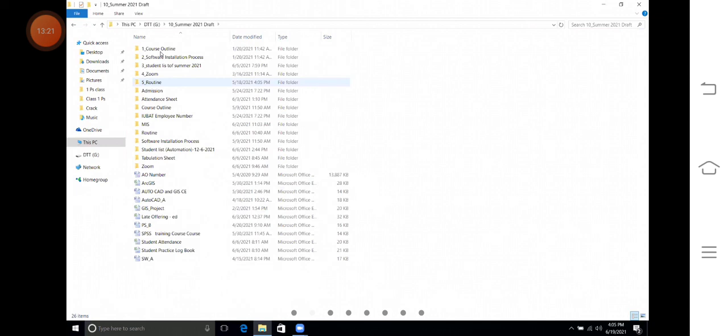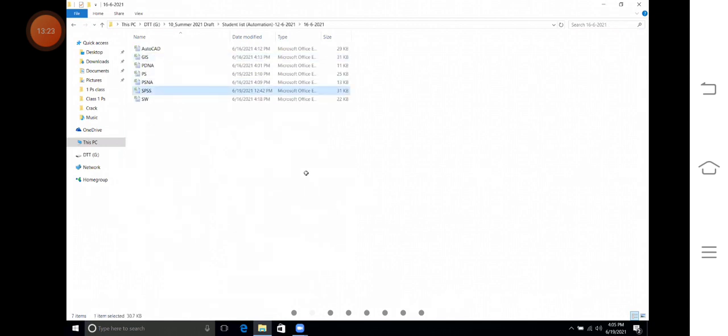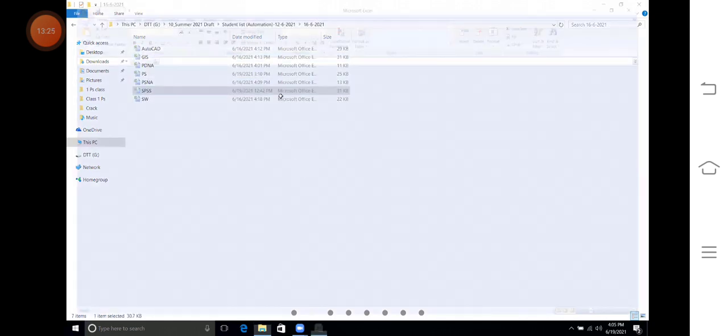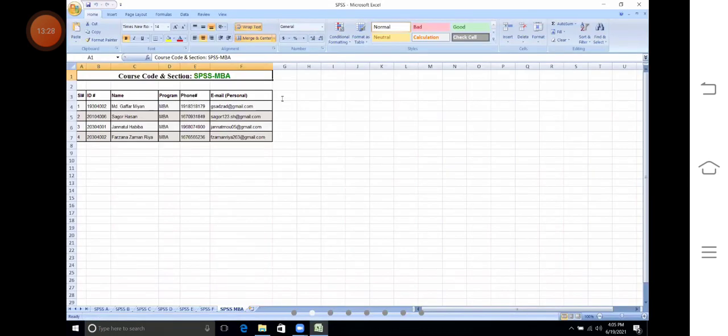This is the new area. 15, 19, then 021. So Gaffarmian is present. Gaffarmian, Sagar.